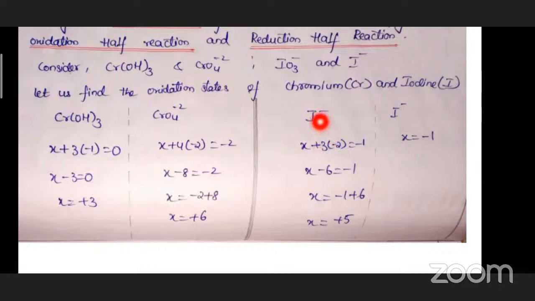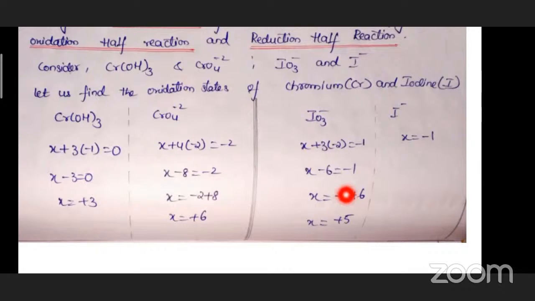Because the charge here is minus, we equate it to -1, because the rule says that the oxidation numbers of the elements should be equal to the charge. Suppose it is an ion, so this is an ion, the oxidation numbers of these elements should be equal to the charge.